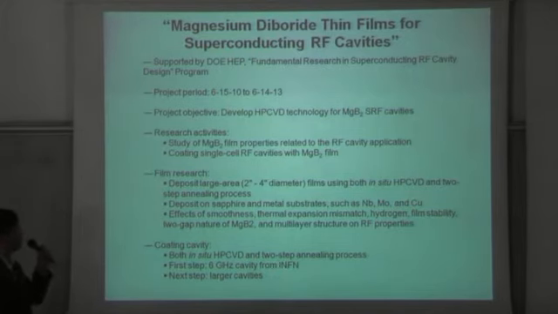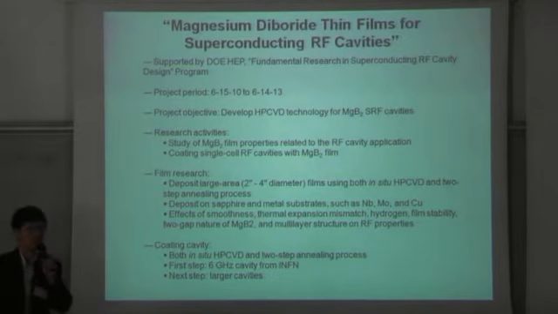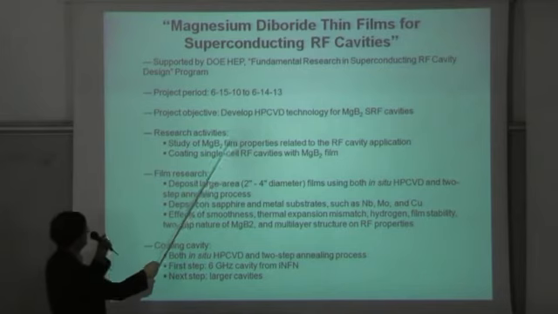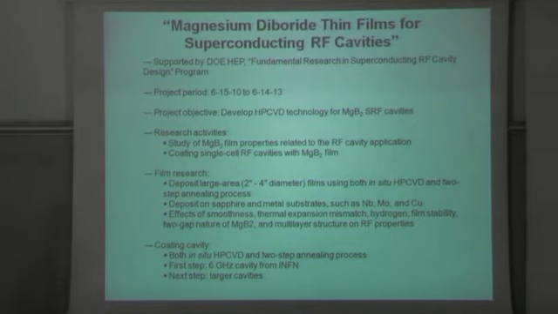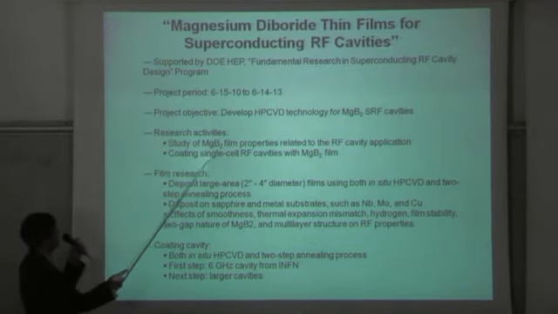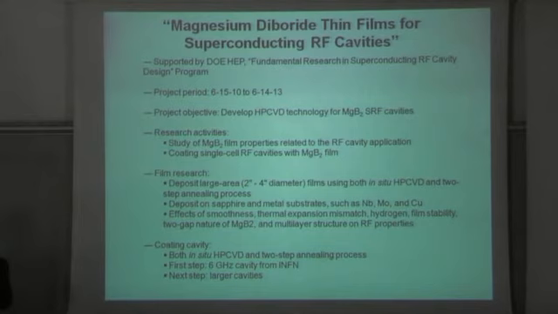And so there are two research activities that we promise to do. One is to study the properties of MgB2 films that are related to the applications for RF cavities. And the other research activity is to coat single-cell RF cavities with magnesium diboride films.